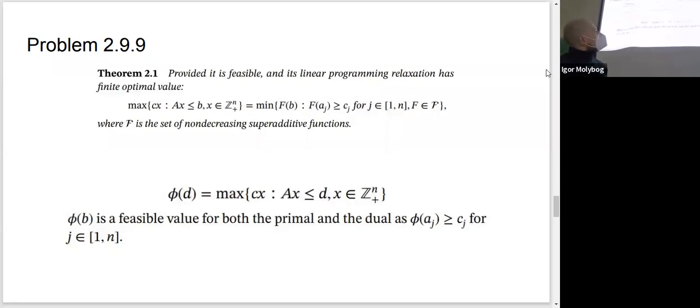And our aim right now is to prove this equality. In fact, it is just one line of proof. It is just enough to make sure that phi is in fact a feasible value for both the primal and the dual problem, just because it satisfies the inequality it needs to satisfy.